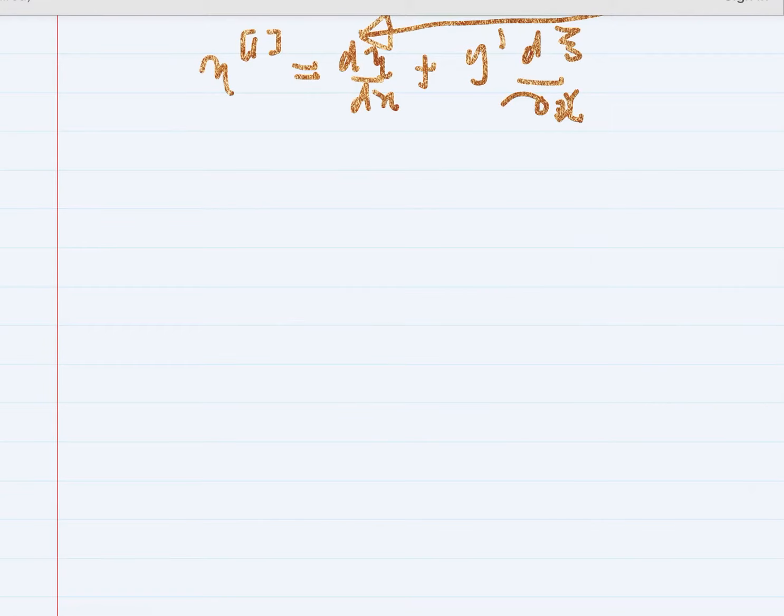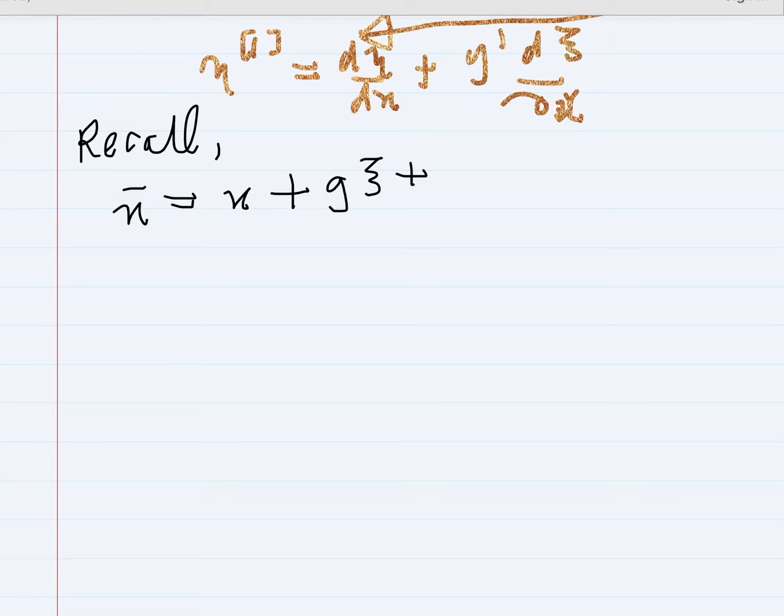Okay, so recall another aspect, that x bar could be written up to first order as x plus, and this was important, the parameter multiplied by xi, and then of course the higher order terms in the parameter.